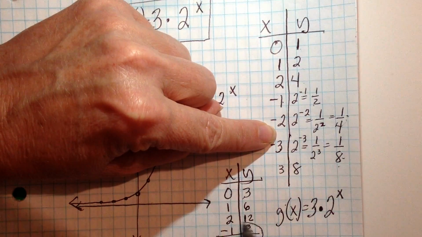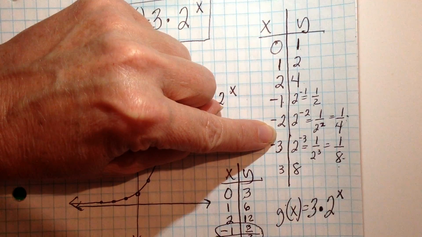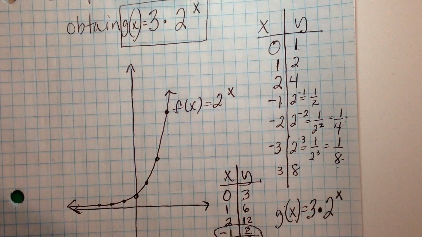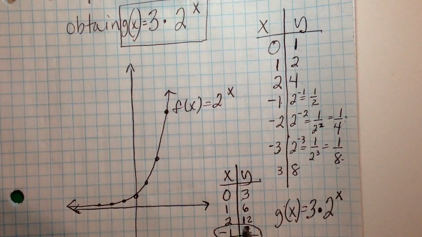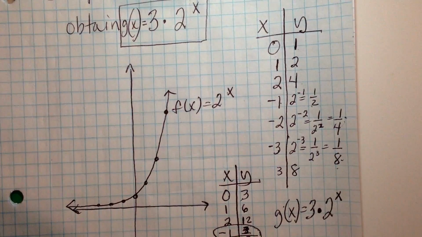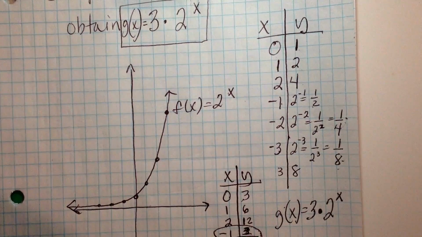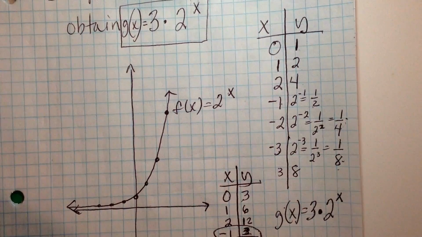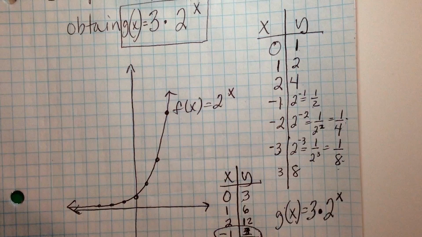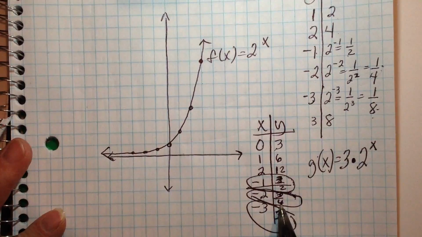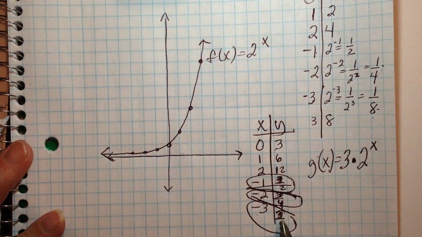Let me just circle them here. So at negative 1, that's 3 halves. At negative 2, that's 3/4. At negative 3, that's 3/8.